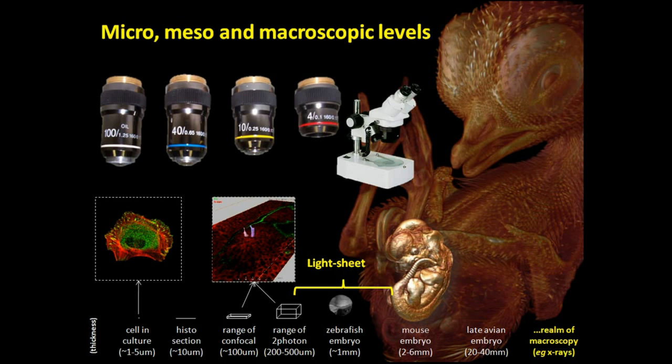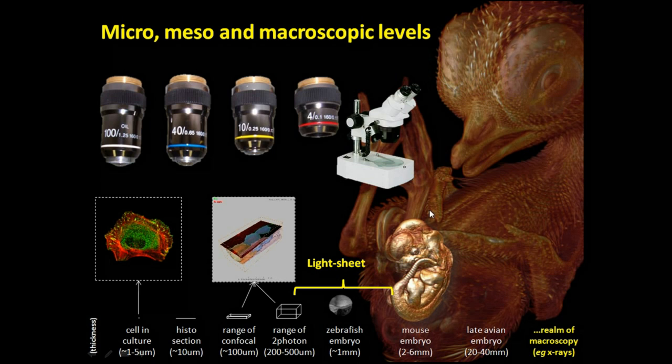Now, for comparison, you have here a three-dimensional reconstruction of a mouse embryo. And as you can see, it's quite a bit larger than a zebrafish embryo. And stepping up another order of magnitude, you have in the back here the quail embryo that actually won that Nikon award that Luciano mentioned before.